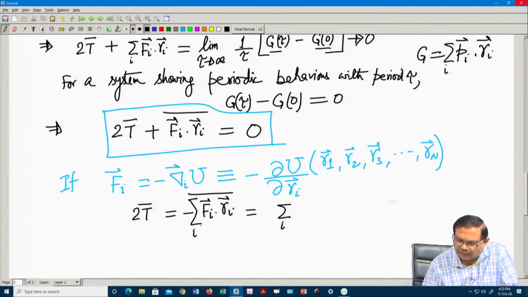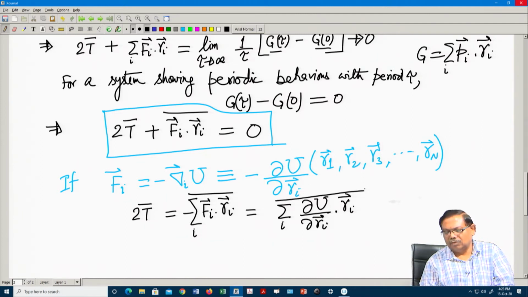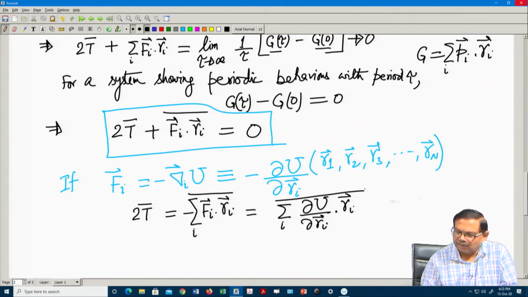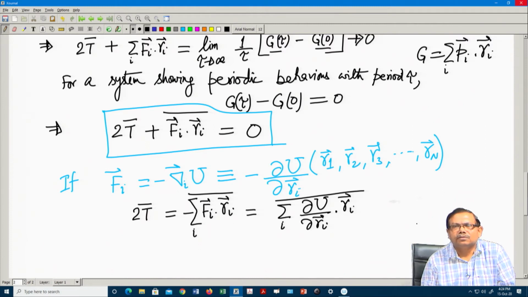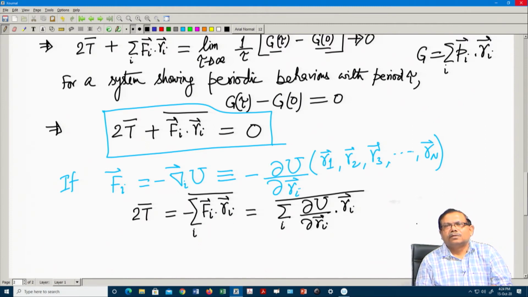So, it becomes the time averaged value of the sum of dou U by dou r_i dot r_i. So, this is the case for closed systems or systems under the action of a conservative force like the gravitational force, which depends on r, then the electrostatic force that also depends on r.